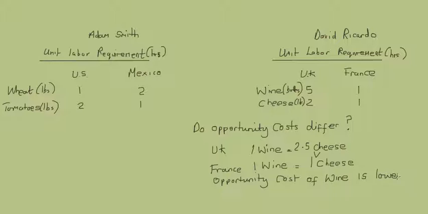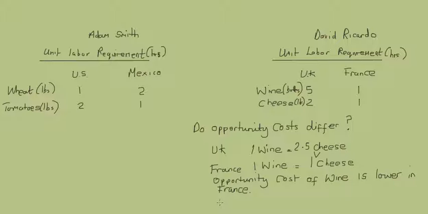And then you might think, oh well, what about the other good? Well, it turns out, of course, the opportunity cost of the other good is just the reciprocal of the opportunity cost of wine. What you know about reciprocals: if 1 is smaller than 2.5, then the reciprocal of 2.5 is going to be smaller than 1.